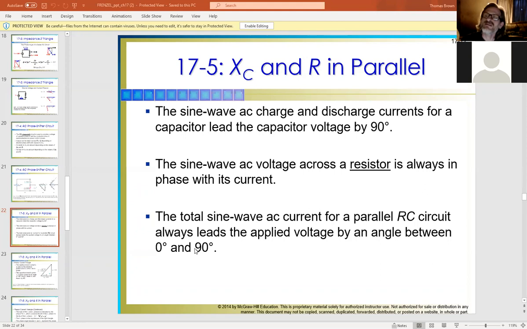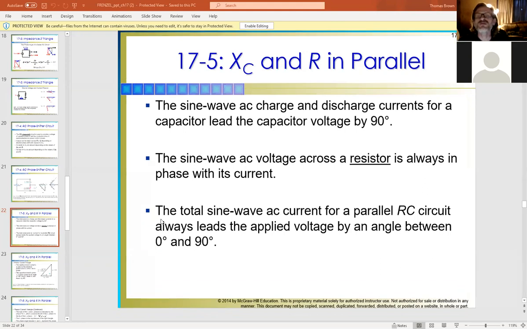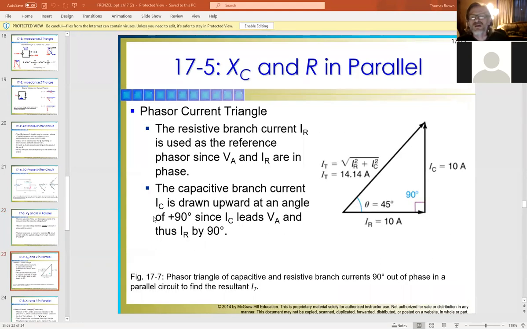The max is 90 degrees, so you do have a limit to that. Now instead of using voltage as our phasor diagram, we're going to use current as our phasor diagram. We still have the impedance factor, where we have to come up with the overall impedance for the circuit.